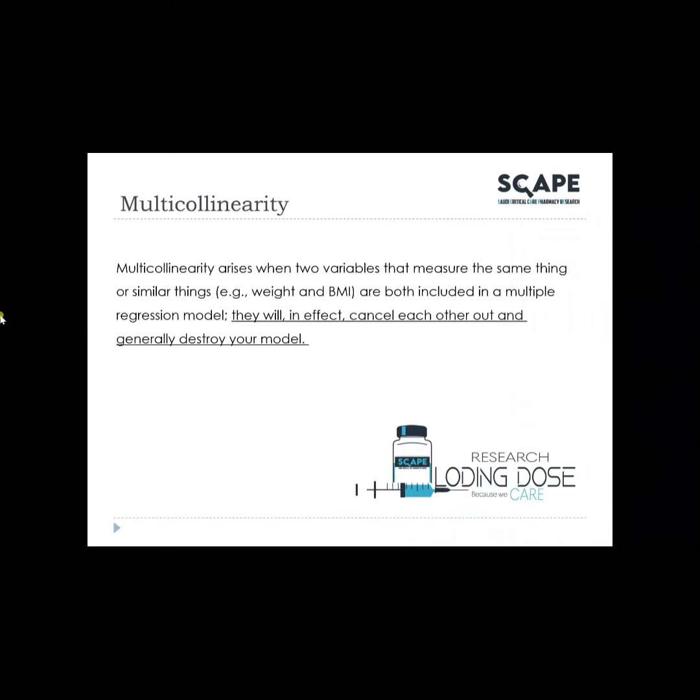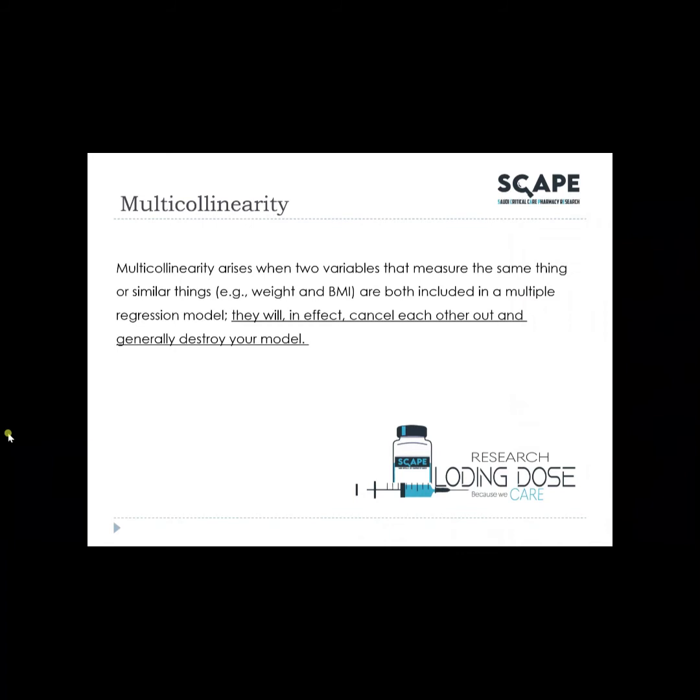Here we have collinearity. When we have two variables that measure the same thing or similar things, for example weight and body mass index, each one will cancel the other, and they are not supposed to be added to the model because it will generally destroy the model.